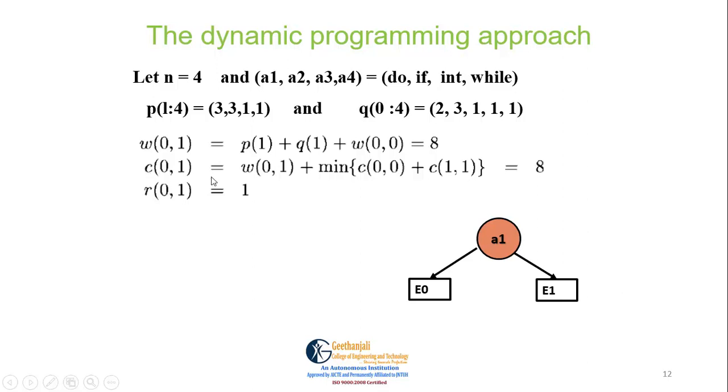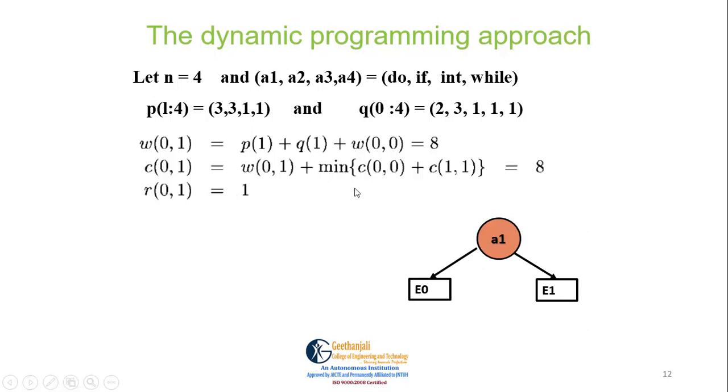Now what is the cost of this particular tree? C of 0,1 is equal to W of 0,1, the weight of the tree, plus the minimum of, if I select A1 as the root element, because C of 0,1 will have only one element, A1. If I select A1 as the root element, the left subtree doesn't have any elements, and the right subtree doesn't have any element. That's why these two are empty subtrees.